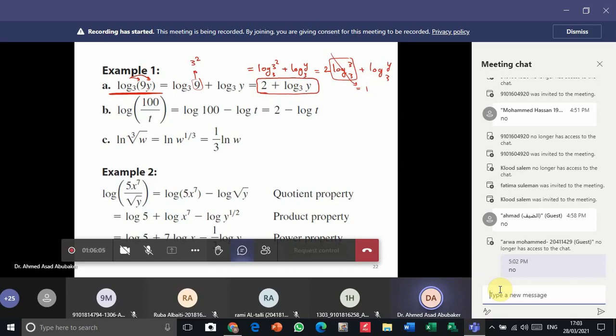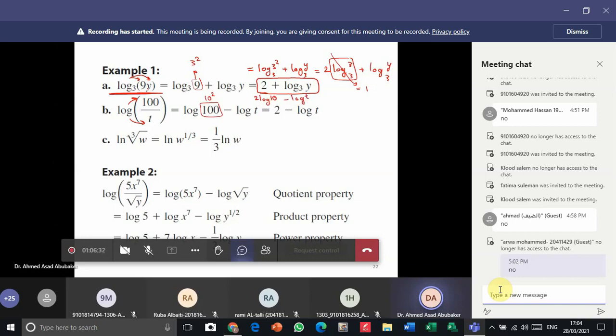Okay. If we have a fraction, log of 100 with base 10, this is the common logarithm, minus log t. Also, 100 equals 10 squared. So we can put it as 2 log 10 minus log t like this.